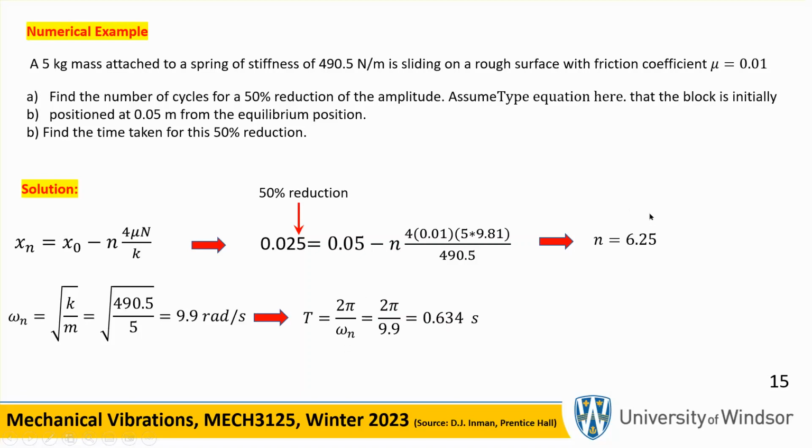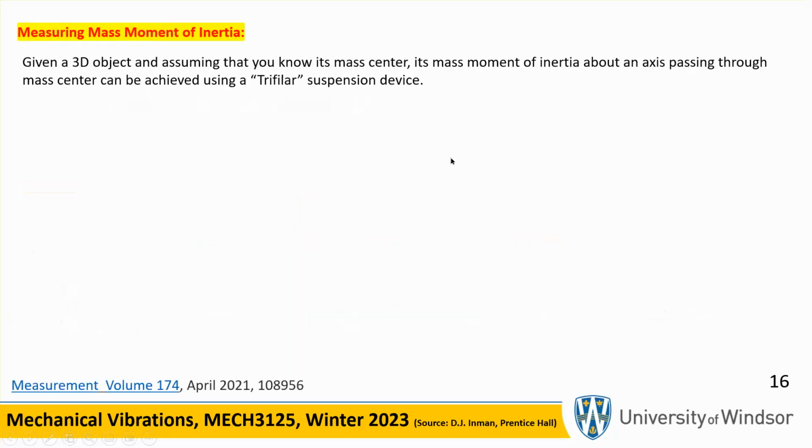So each cycle takes that much. There are 6.25 cycles. You multiply them out, you get almost 4 seconds, 3.96 seconds. So it takes 3.96 seconds for that block that was 5 centimeters away from the equilibrium position to go to 2.5 centimeters from the equilibrium position. That's what this is saying.